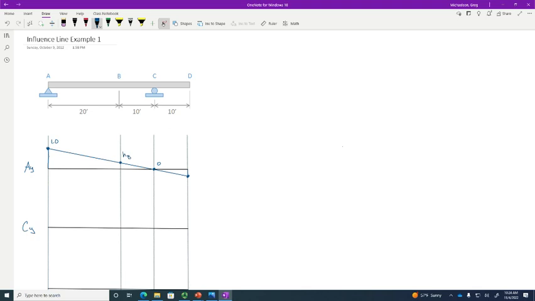You can note that H sub B is 1/3. If that's 1/3, what is that? Negative 1/3.